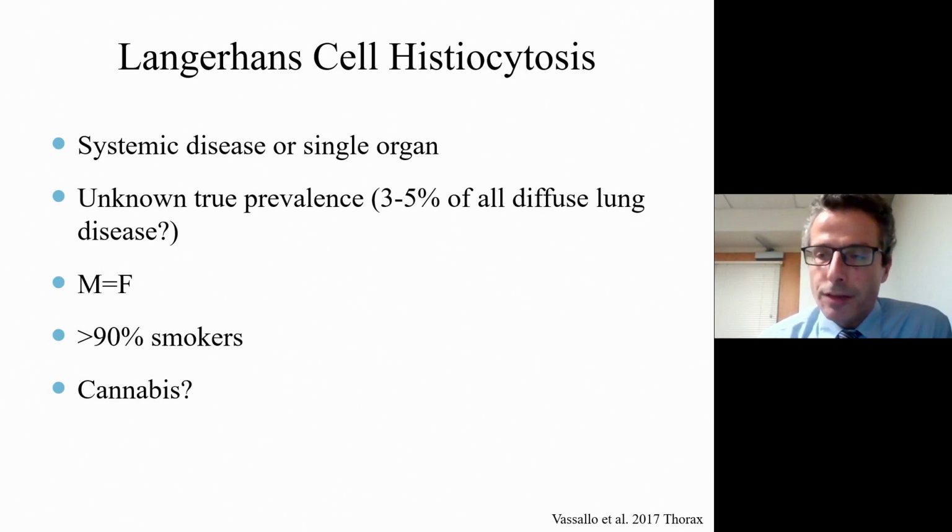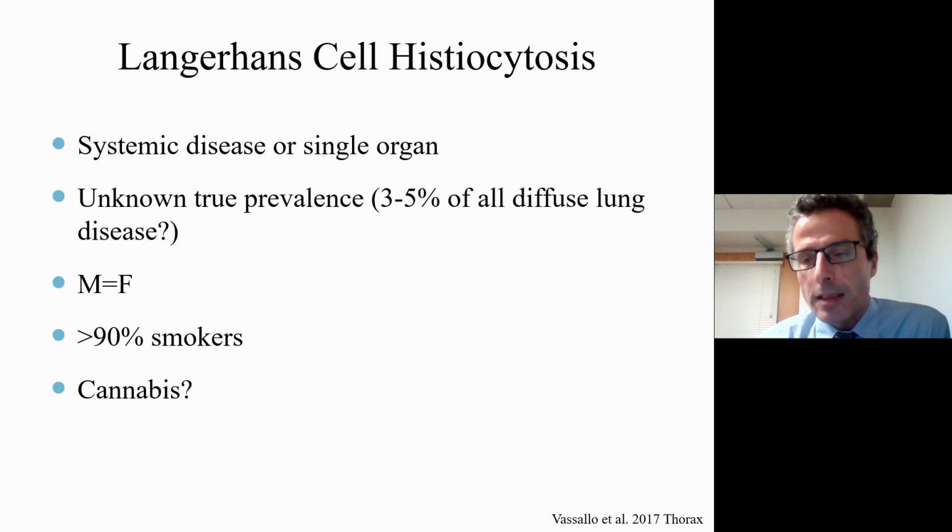There's no gender differences. Male and female can get LCH at equal percentages. Almost universally, all patients with LCH are smokers. More than 90% are smokers. And there's more recent evidence to suggest that it's not just tobacco smoking. There may be some correlation between LCH and smoking cannabis.